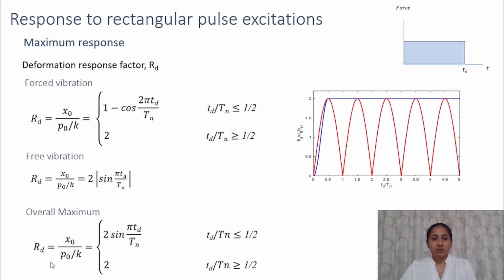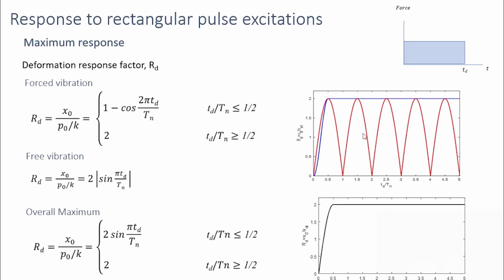And the overall maximum Rd will be 2 if Td by Tn is greater than half. So if we draw the envelope of these two plots, we would get this. So we can find out the value of Rd for any Td by Tn value using these type of curves. So this is the deformation response factor, and this curve is also known as response spectra because this gives the maximum response for all the values of Td by Tn.